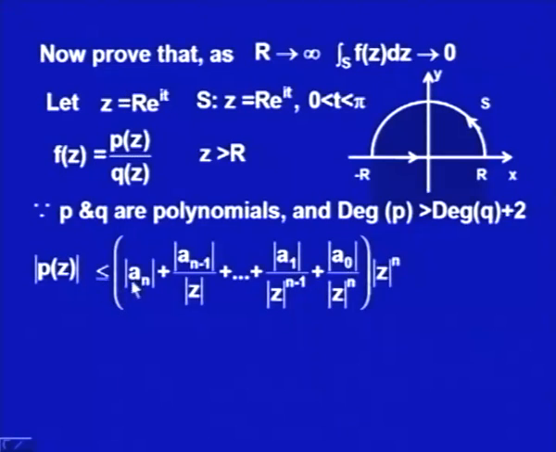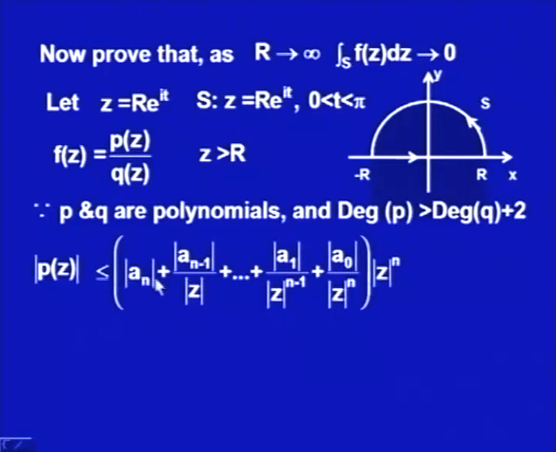From here, if mod z is greater than R, we get 1 upon mod z less than 1 upon R, since I am taking this fixed value R naught. Similarly, 1 upon mod z^(n-1) is less than 1 upon R^(n-1), and so on.